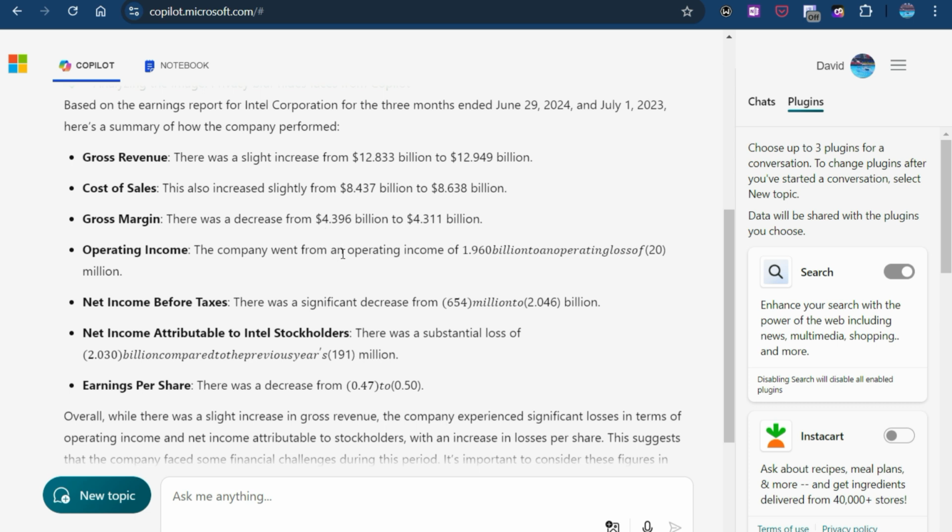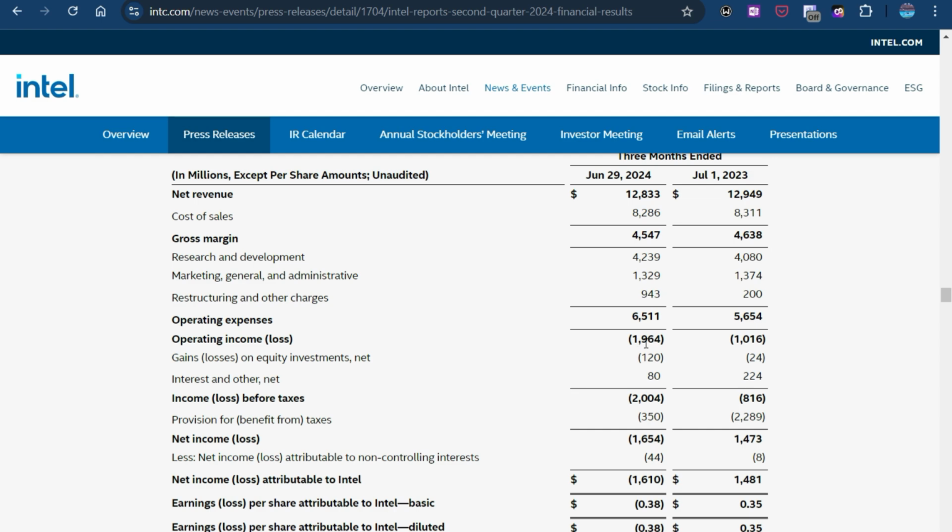For example, it said operating income went from an operating income of 1.96 billion to an operating loss of 20 million. Well, if you look at the operating income, it actually had a loss in both periods. So it seems there was an issue with Copilot being able to accurately read the picture and know what numbers it was comparing and which one lined up to which one. So that was a bit disappointing as well.